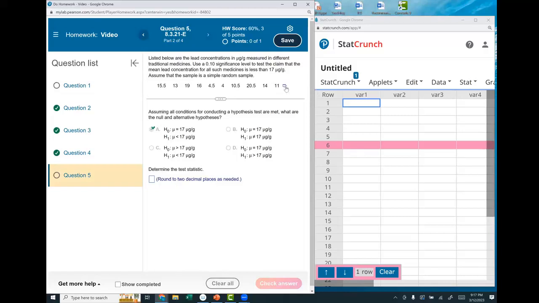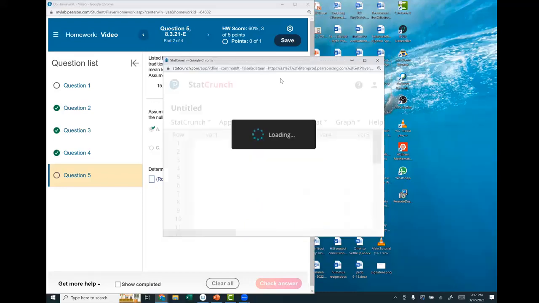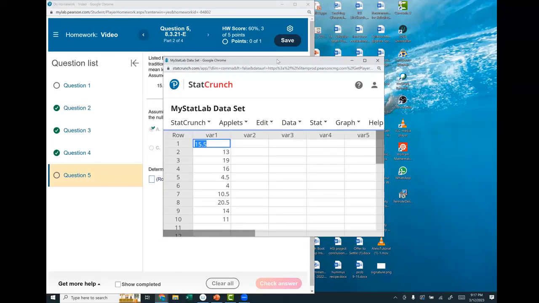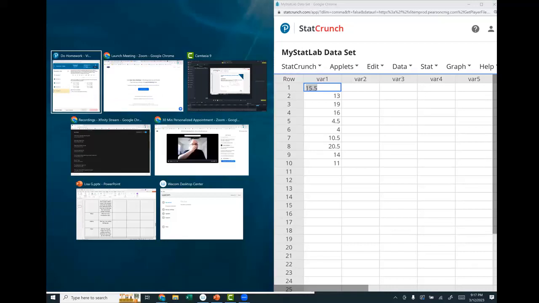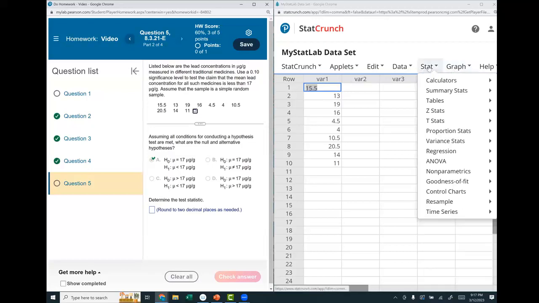Now we need to download StatCrunch. And let me close this up. And we will put this over here. Okay, so now we have 11 things in our sample.